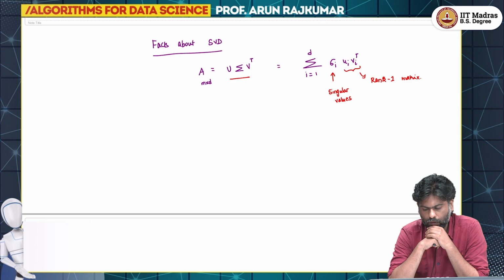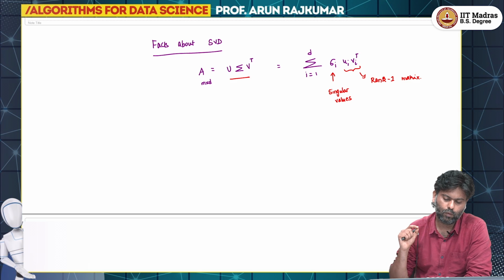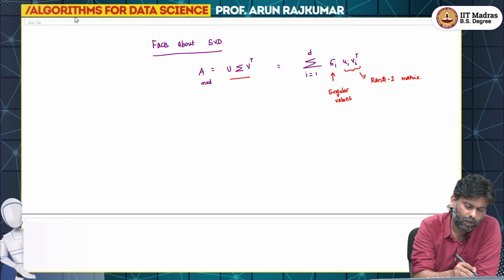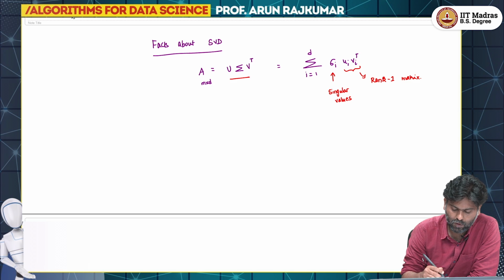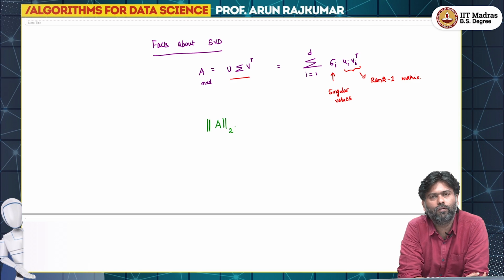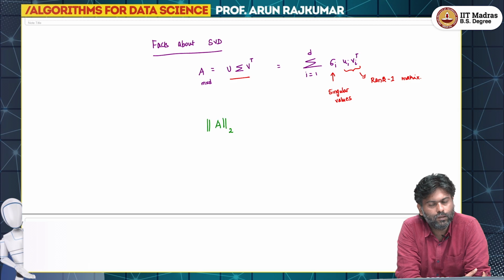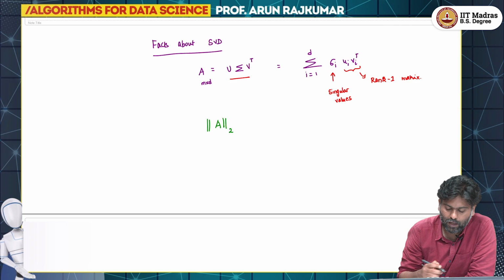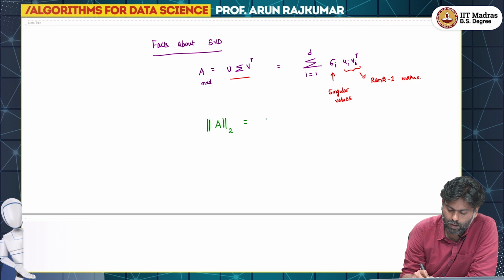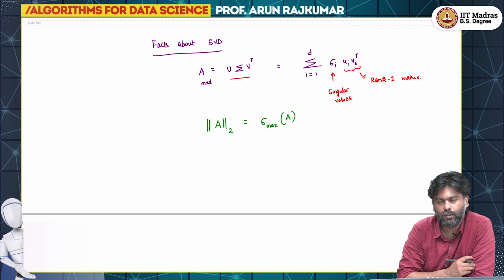Okay, now one way to define norm. The norm of a matrix, the L2 norm. We know how to define L2 norm of vectors. One standard way to define L2 norm of a matrix is to talk about the largest singular value of the matrix.